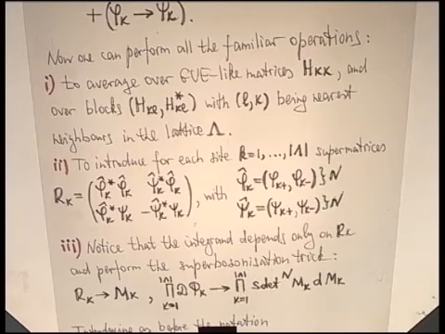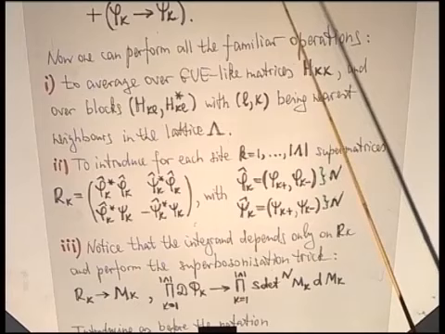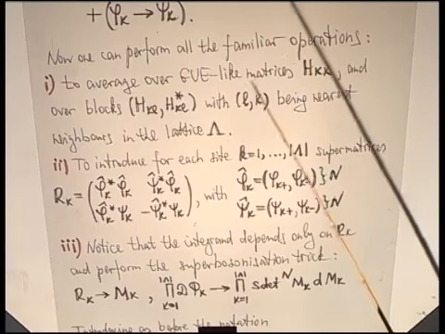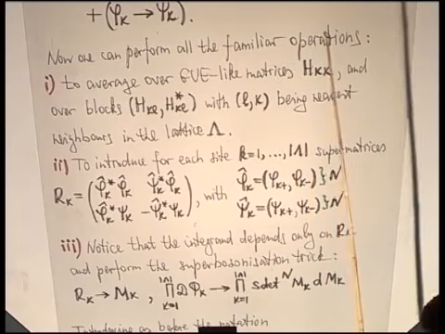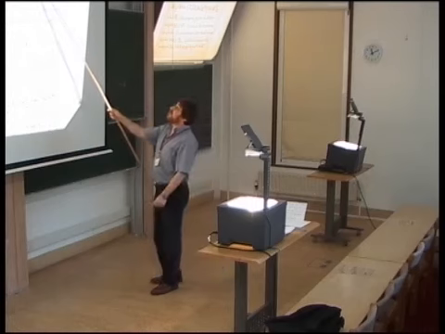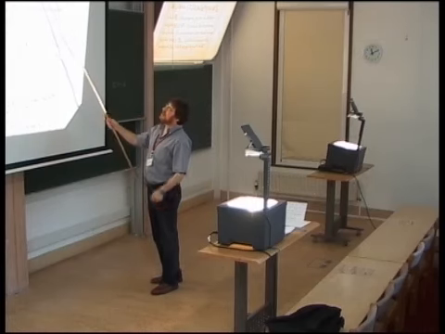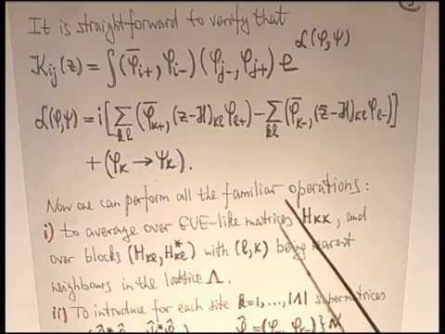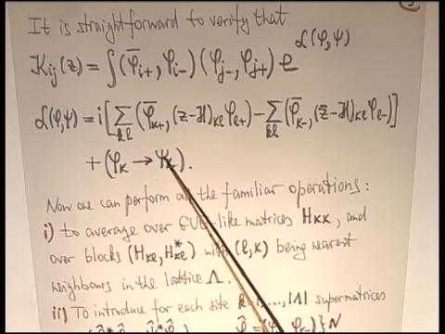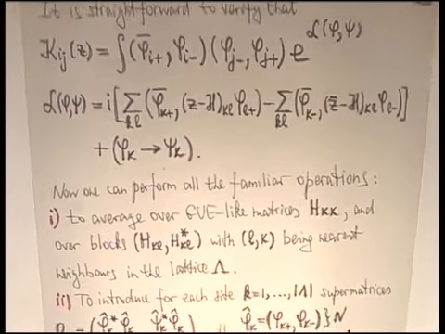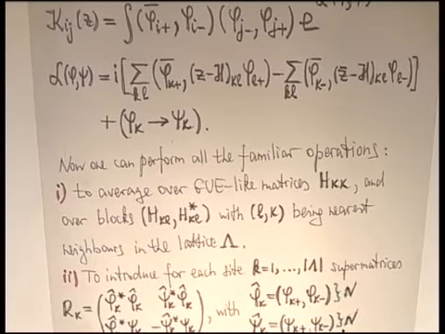With every site of our lattice, we associate a pair of vectors: one containing commuting complex entries, denoted as phi with index L, referring to site number L in our lattice, and its counterpart psi, which is a Grassmann vector, a vector containing Grassmann variables.